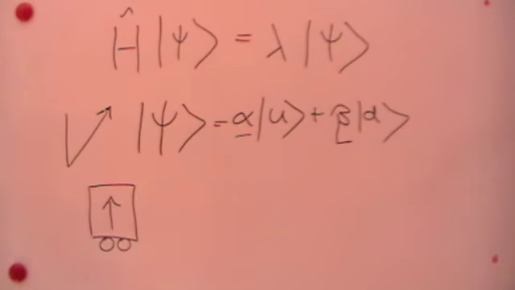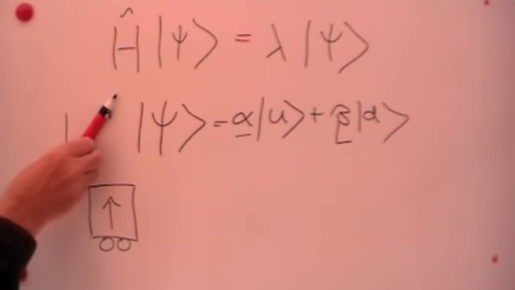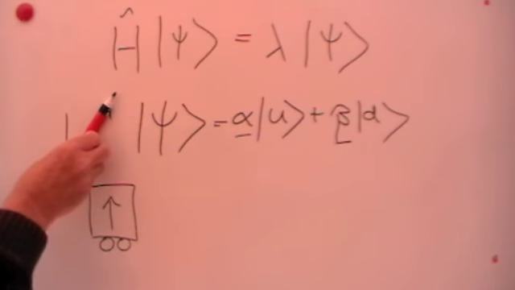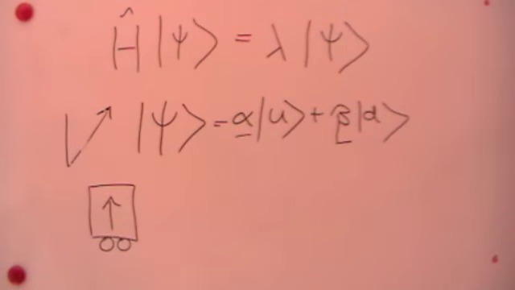But here's the weirdness, and I repeat it. If you prepare 1,000 electrons, all with their spin in this direction, and you put them through this piece of equipment, you'll find most of them will give spin up, but some of them will give spin down. The weirdness, of course, being they are all exactly the same. They all have the same spin direction. They are all electrons, and yet when you put them through this device, some of them come out up and some of them come out down.